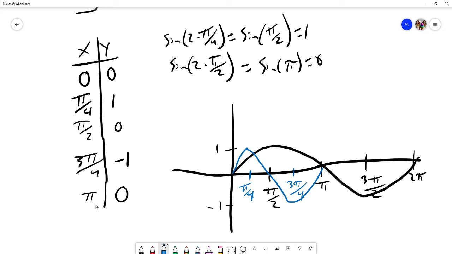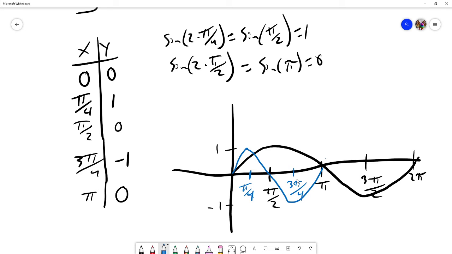So what we're witnessing is called a horizontal compression. When we look at our graph, the normal sine curve, we can say has been compressed, right? In fact, it's been compressed by half.